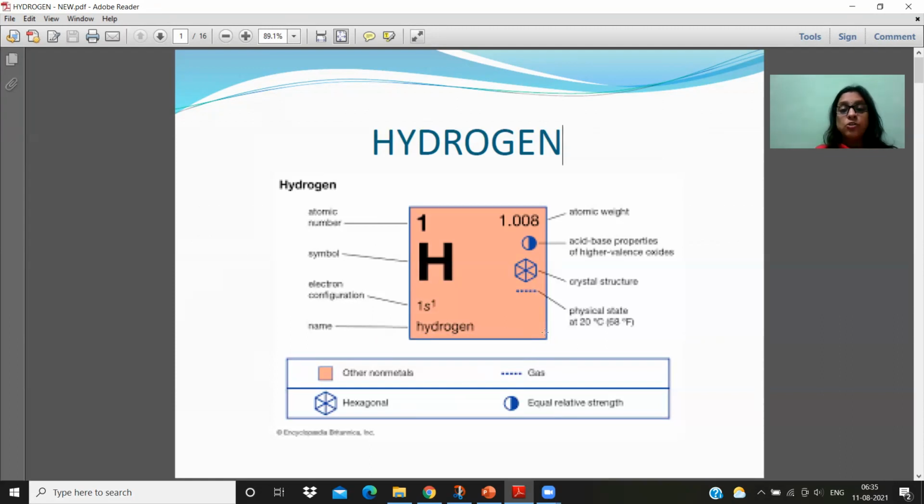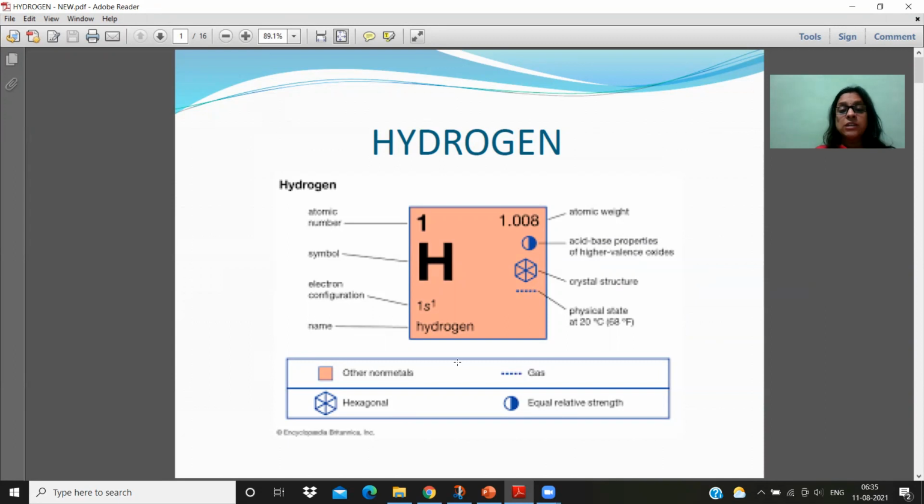Its atomic weight is 1.008, and sometimes it shows properties of acidic nature, sometimes properties of basic nature. So it depends upon with which metal or non-metal it combines, and it shows acidic as well as basic properties.